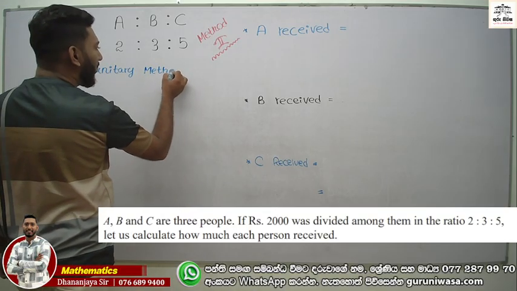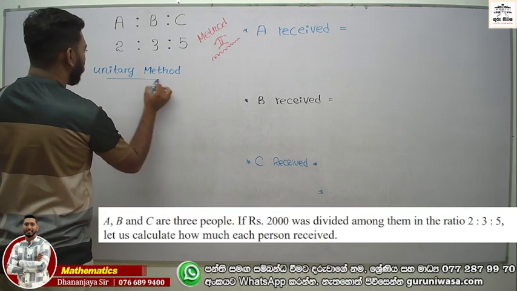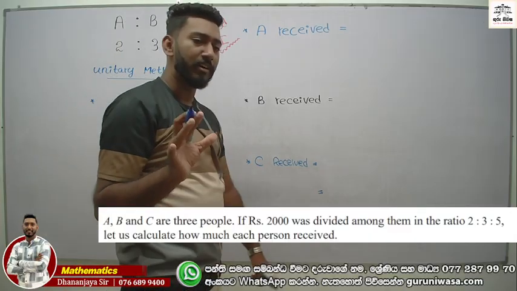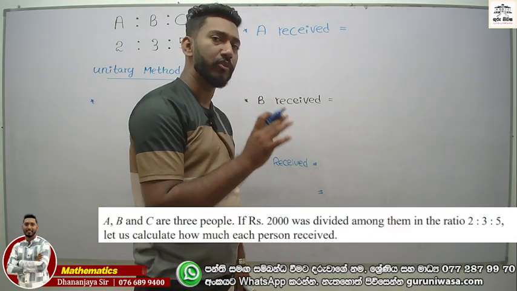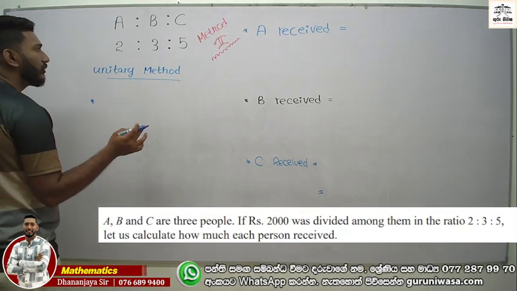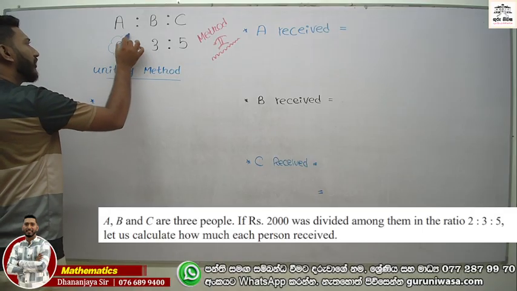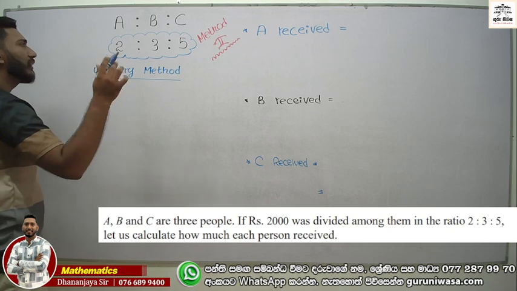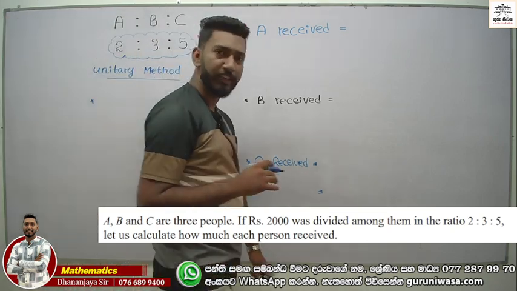Unitary means finding how much one is. Now listen. We know the total money received by A, B and C is 2,000 rupees. Therefore, now tell me, what is the sum of the portions received by A, B and C?